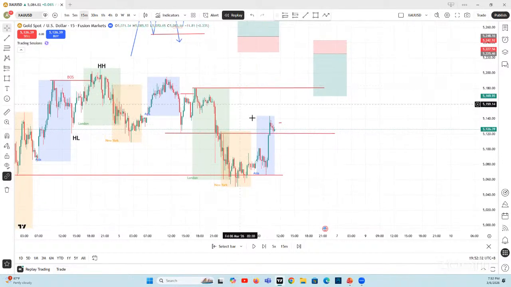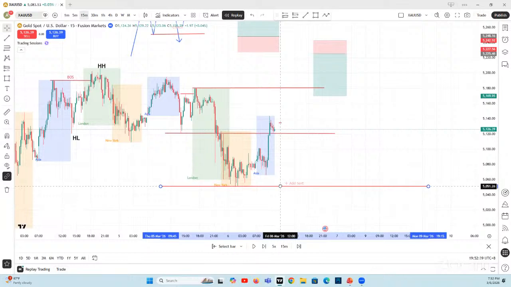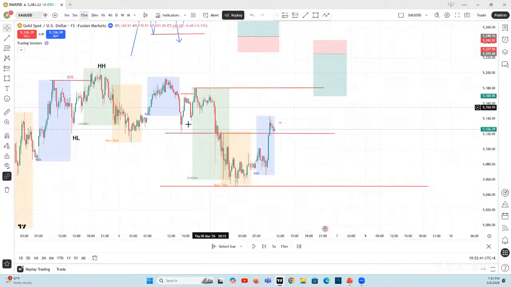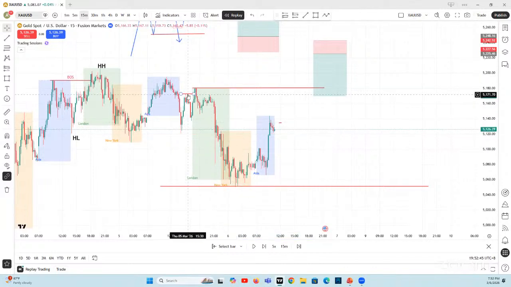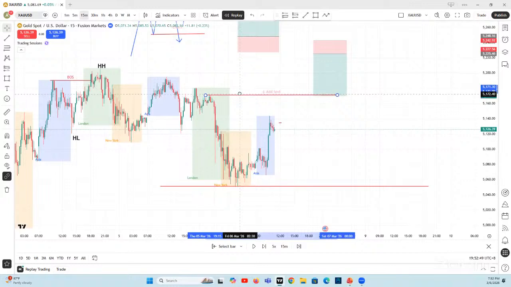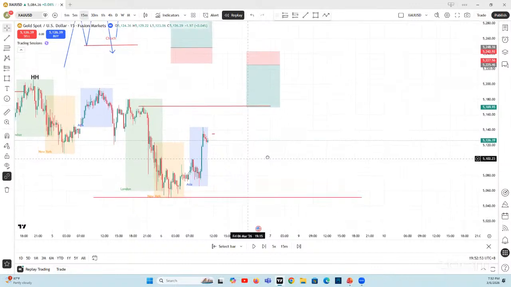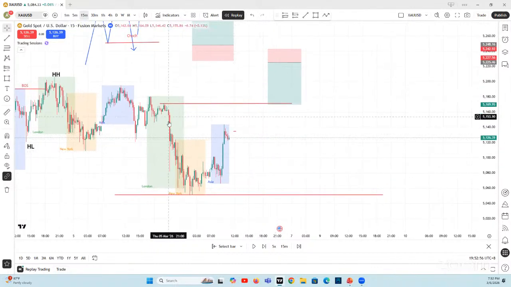Okay, going down here. It broke this. So we delete this. And that is your range. Okay. So it was bearish, but something happened here.